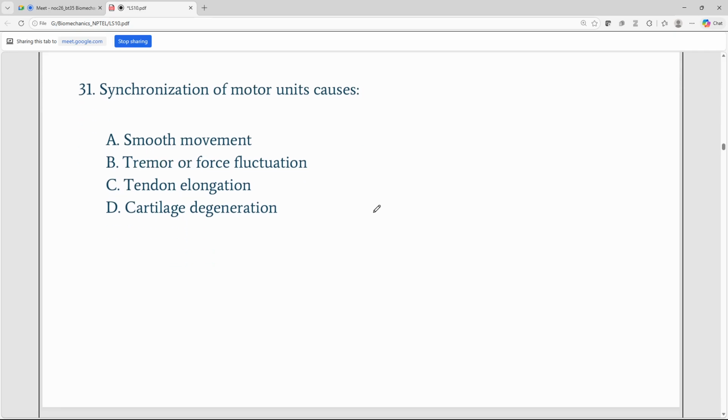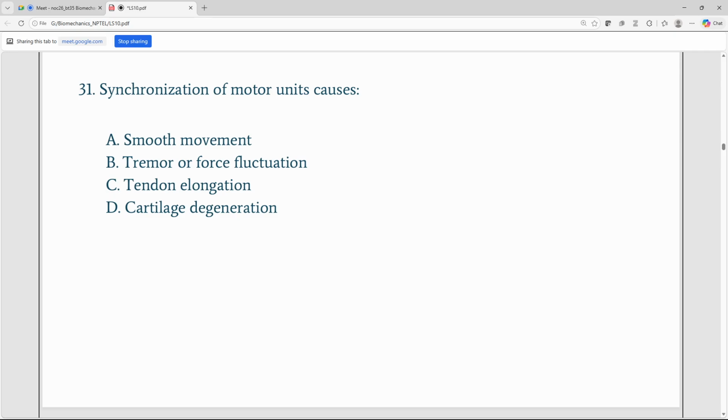Synchronization of motor units causes which among the following? Options are option A, smooth movement, option B, tremor or force fluctuation, option C, tendon elongation, option D, cartilage degeneration.